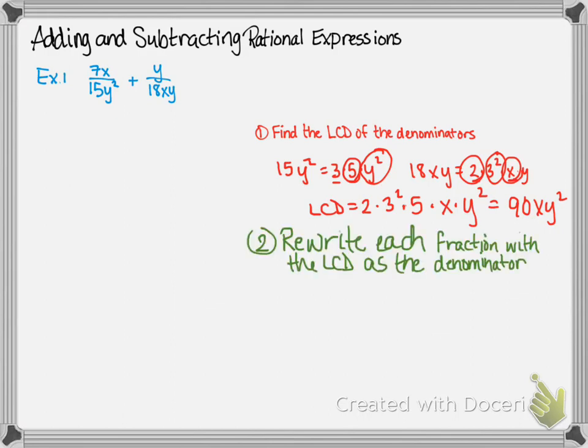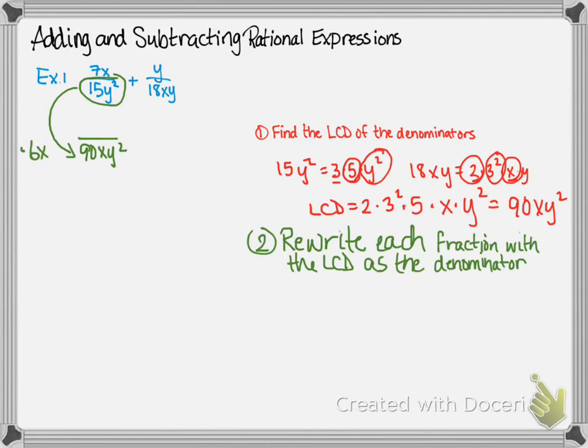So next, we're going to rewrite each fraction with the LCD as the denominator. So instead of 7x over 15y squared, we are going to write it so that it is over 90xy squared. So 15y squared times what gets 90xy squared?